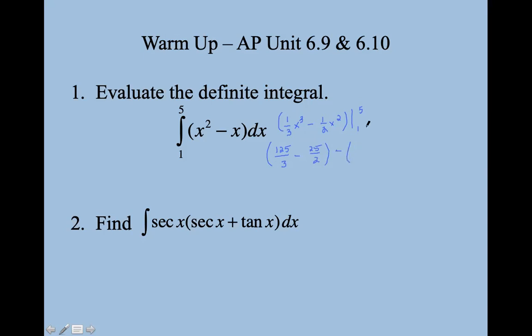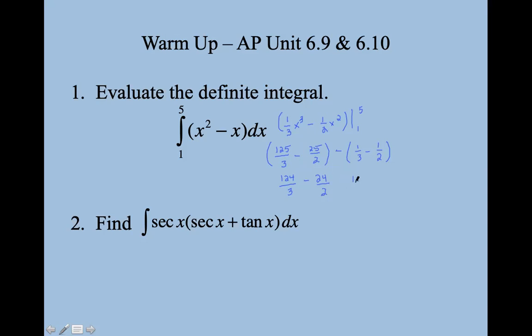Minus, and next I'm evaluating with 1. So 1 cubed is 1. We have a 1/3 minus 1/2. All right, I'll keep simplifying. 125/3 minus 1/3 is 124/3. And then we have -25 halves plus 1/2 would be -24 halves, which is 12.